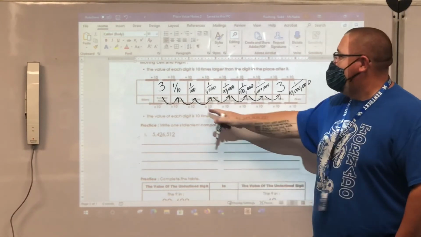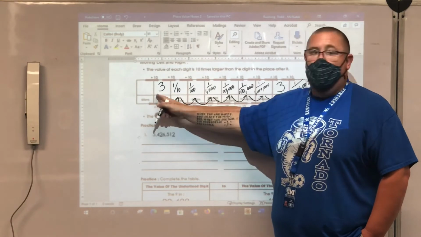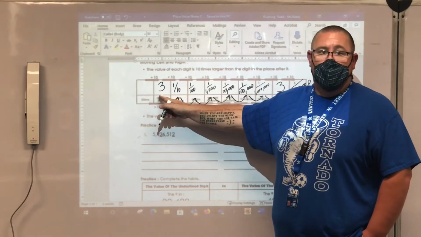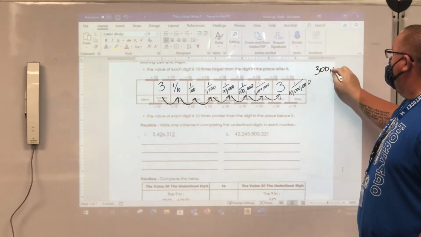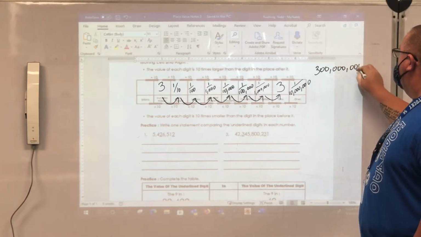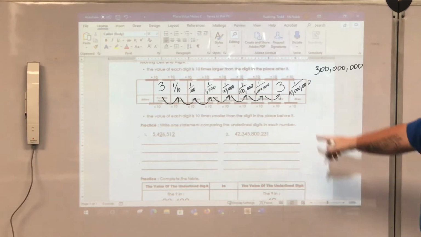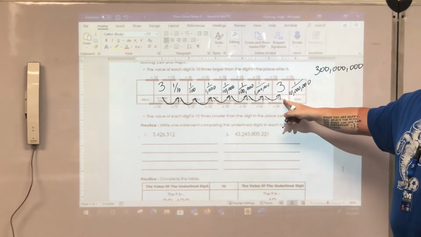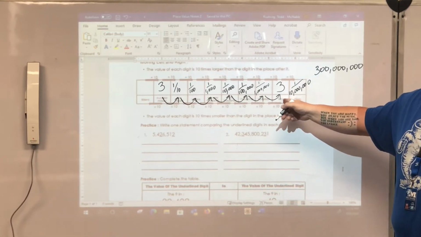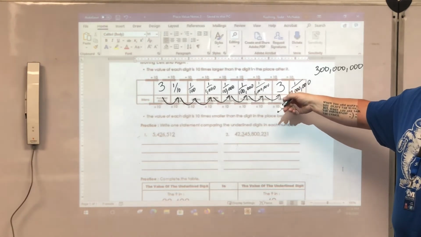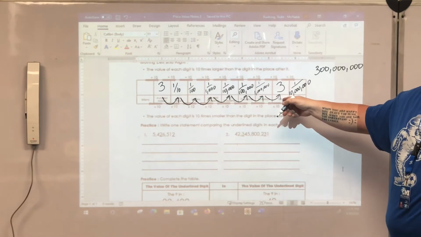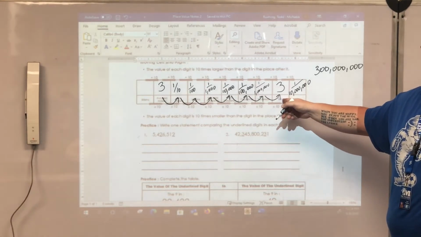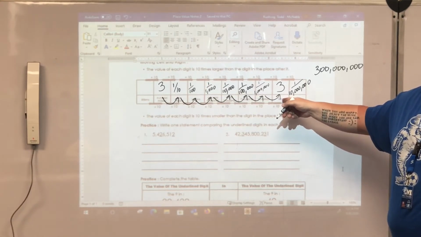You told me that we're in the 100 millions, that's 300 million. So we have 300 million. And then we have 3 tens, which is how much? Well, 1 ten is 10, right? What's 2 tens? 20.